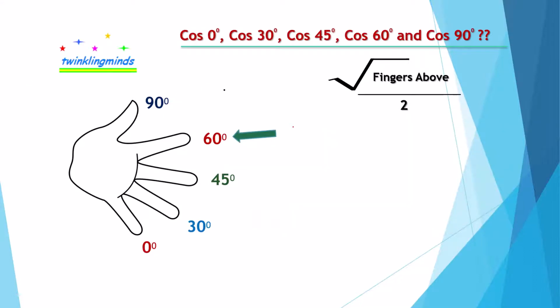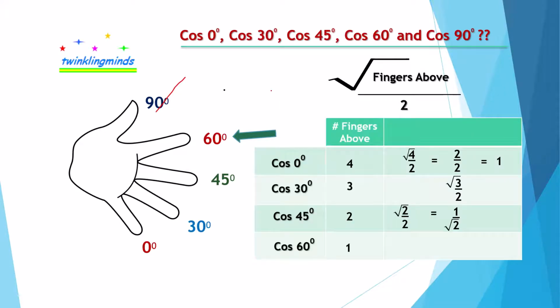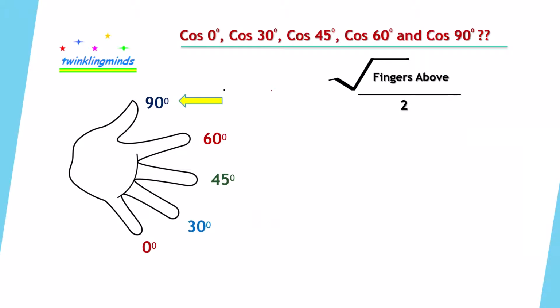Our next angle is 60 degrees. How many fingers above? 1. What is the value of cos 60 degrees? Square root 1 by 2, which is nothing but 1 by 2. And the final angle is 90 degrees. What is the value of cos 90 degrees? How many fingers above? No fingers, so 0.